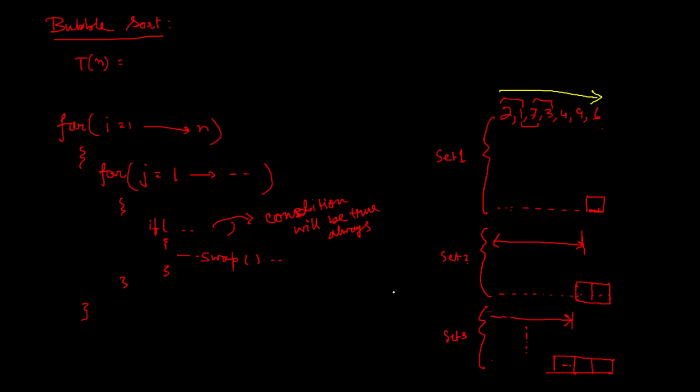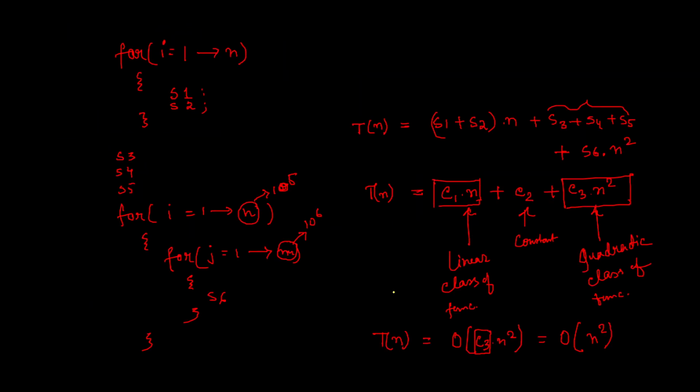We have already seen in an earlier example that for a very large value of n, the quadratic function will start dominating the linear one.